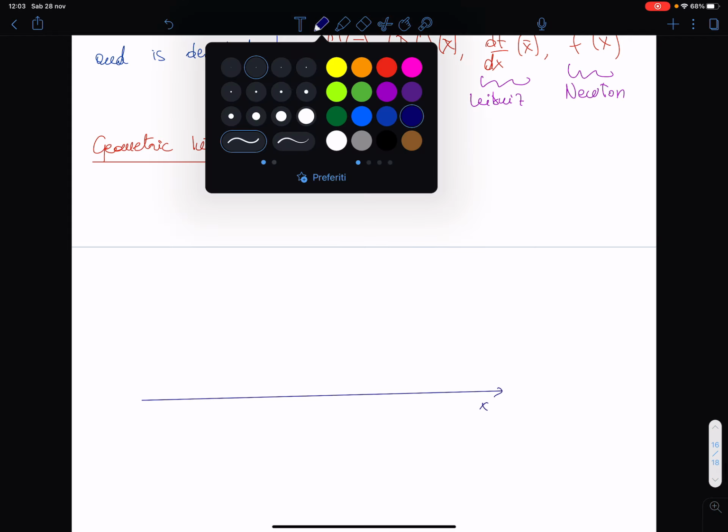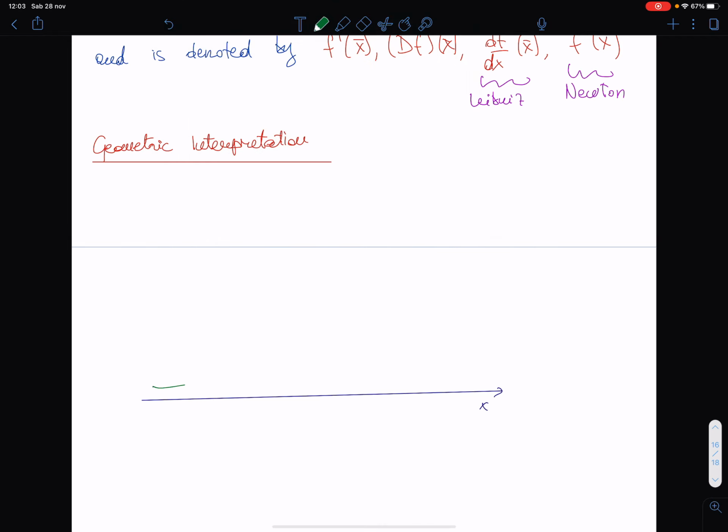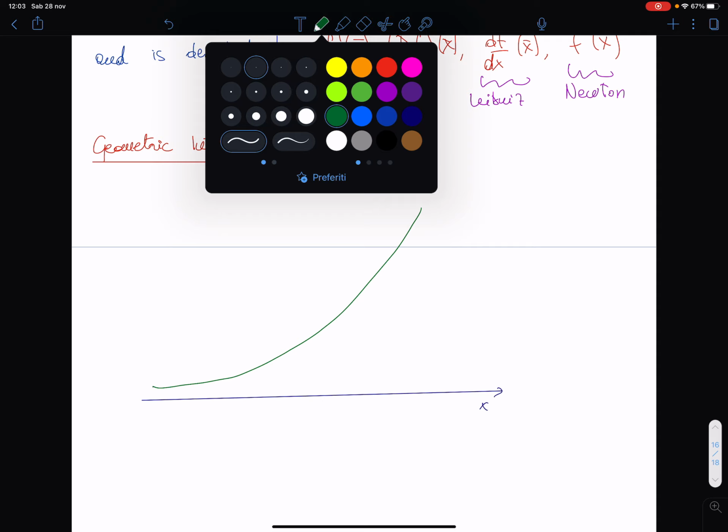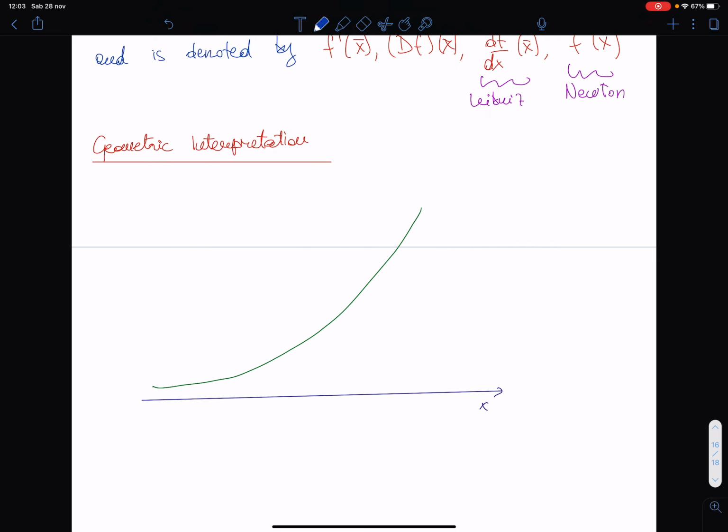In general it is concave, so let us draw a convex function. You don't know what is concavity and what is convexity, but of course you know it. What I drew is a convex function. Here there is x bar, here there is x, and of course the height here is f of x bar, and the height here is f of x.